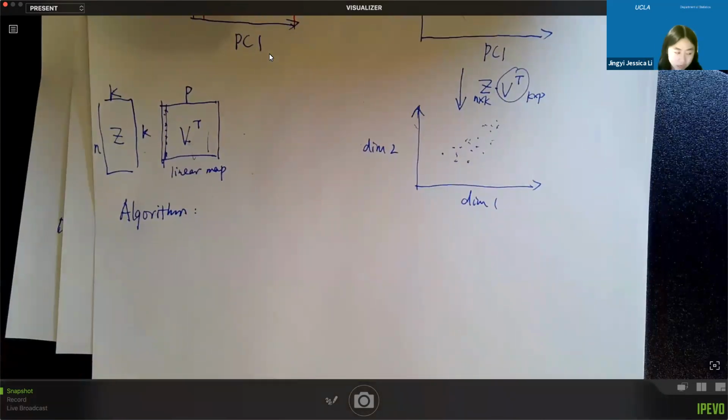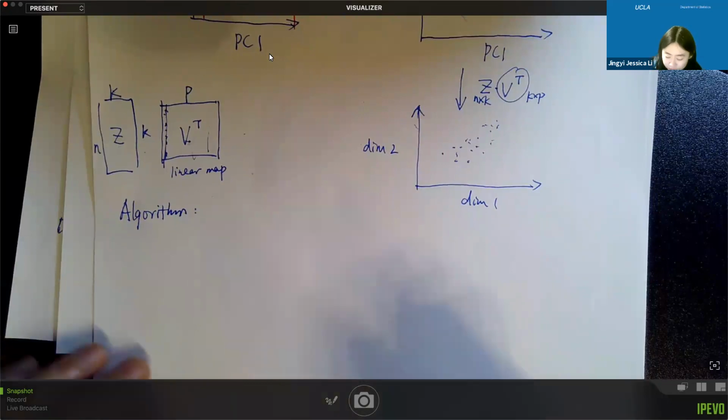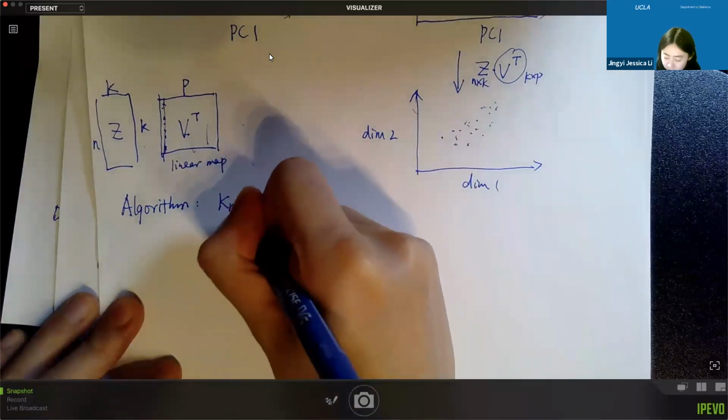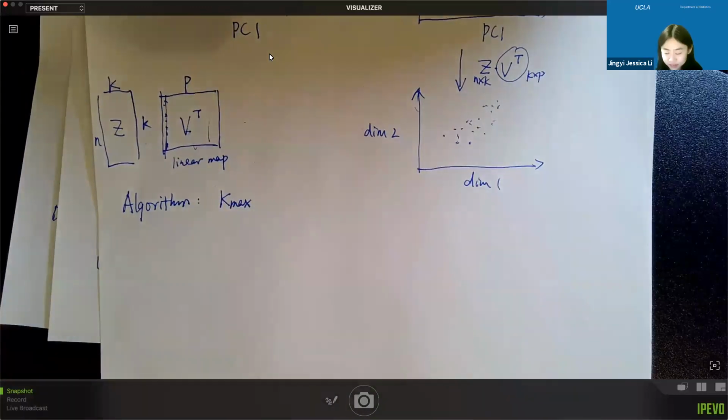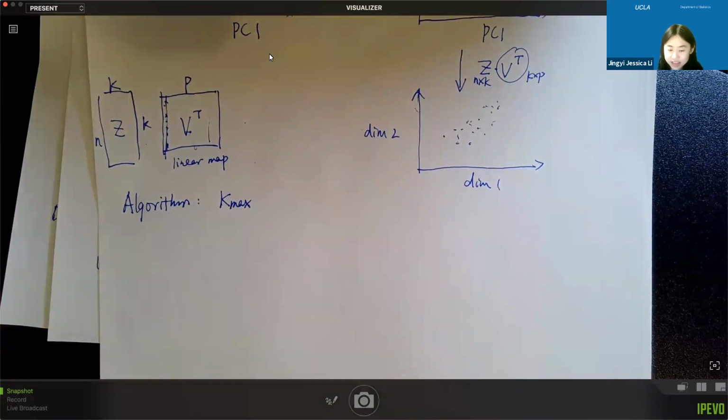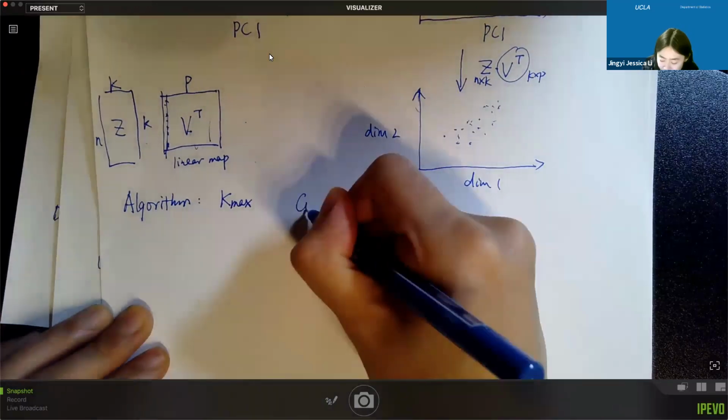So of course, to choose K, we need to set a maximum for our candidate cases. So we will need a K max. We will not go beyond that, because for each number less than this K max, we're going to compute its gap statistic. By the way, the gap statistic for K, I should say it here.